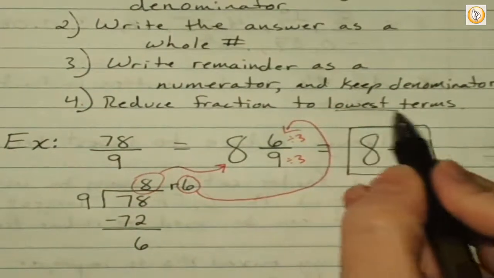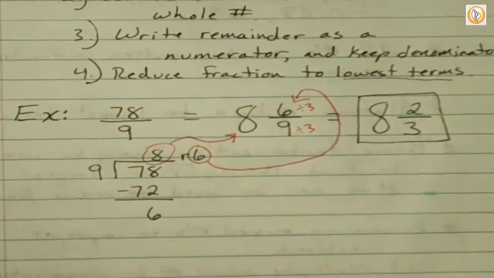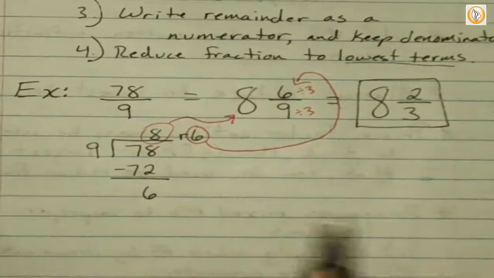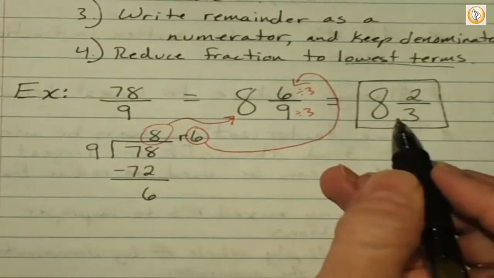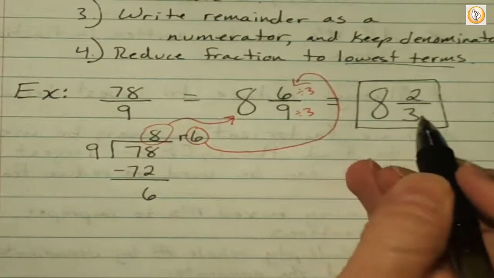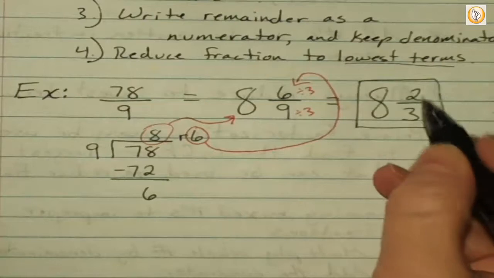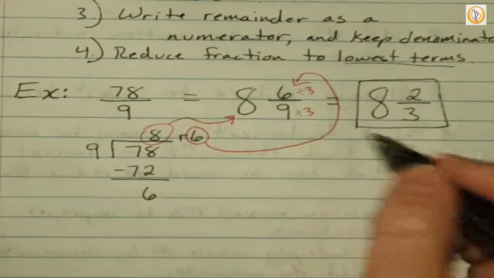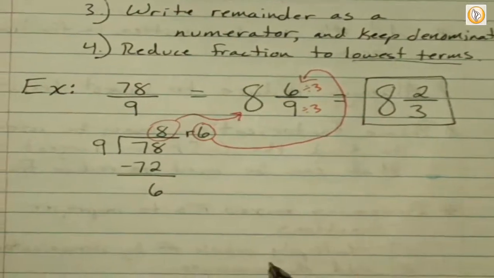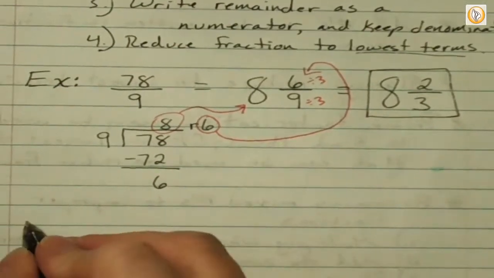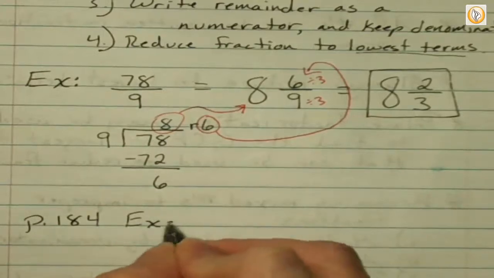That's what some of the guys on their test yesterday got wrong, because they reduced it, but it wasn't in lowest terms. So you've got to sit back and think, is there a number that can go in those? That's where those divisibility rules will come in handy. And you have to just keep asking yourself. All right, so page 184, examples.